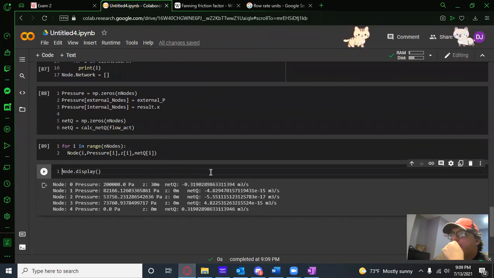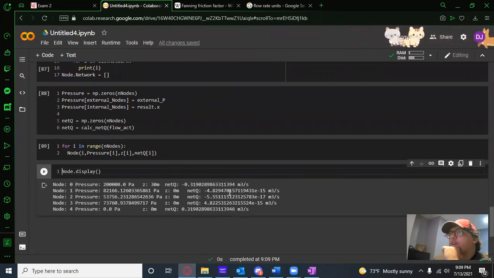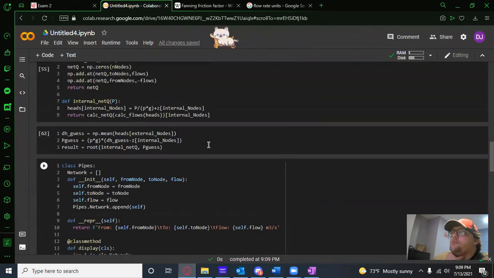All right, it's looking nice. Then just as I told you, node 0 and node 4 net Q will cancel out. And with that, that should be it for the problem.